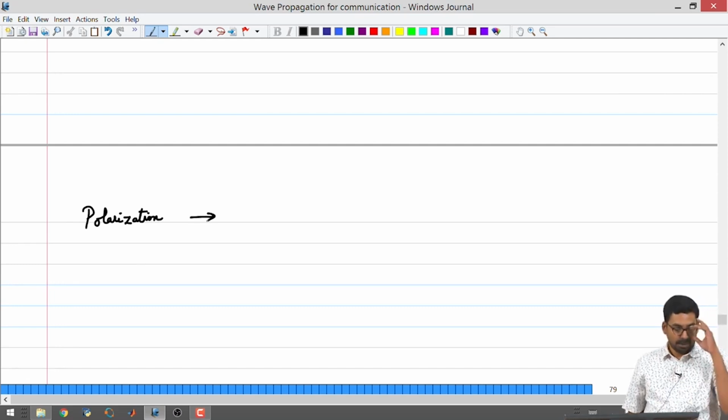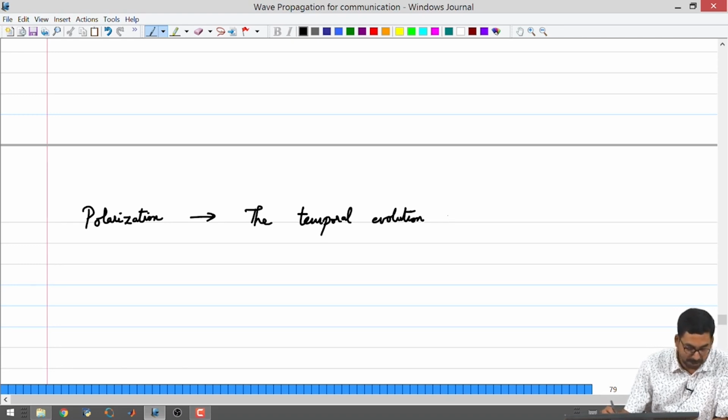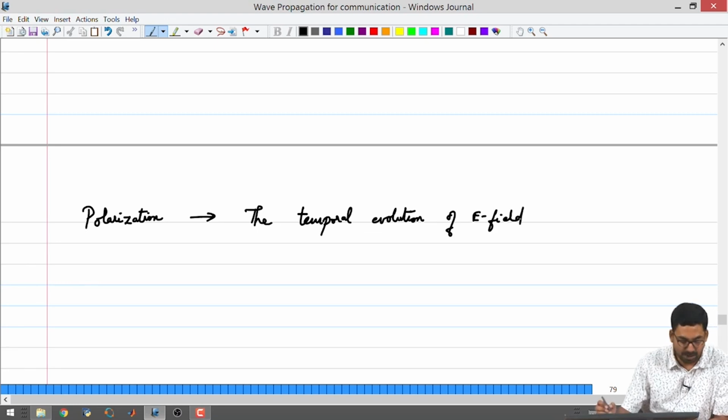Okay. So, broadly it is defined as the temporal evolution, all right, or the time evolution of the E field at a given location in space.